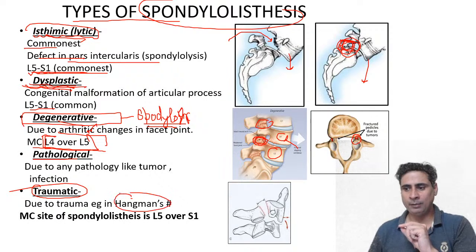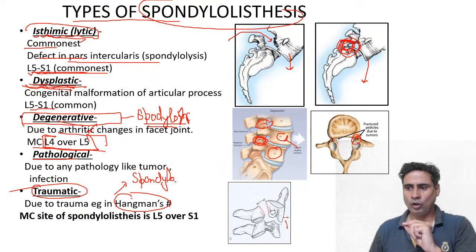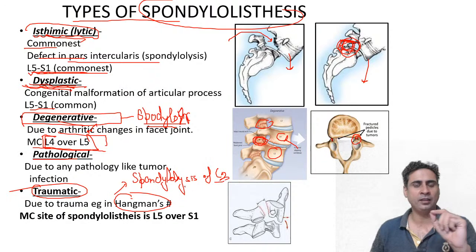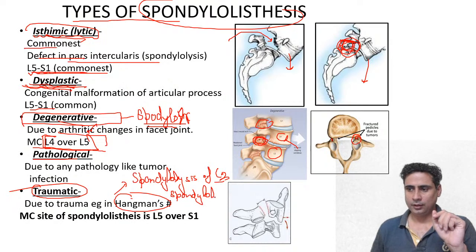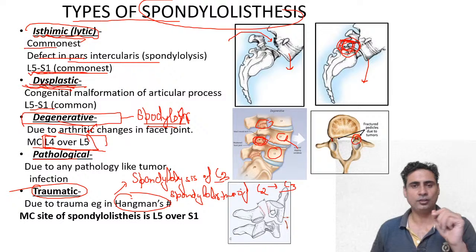So in hangman's fracture we have spondylolysis of C2, that is break in pars interarticularis of C2 bilaterally, with spondylolisthesis of C2 over C3. So this is hangman's fracture.